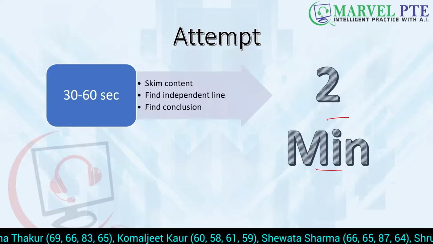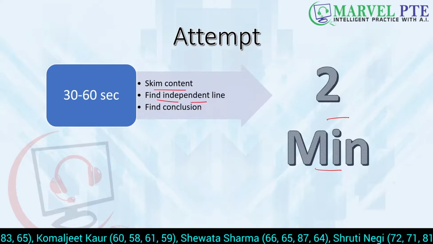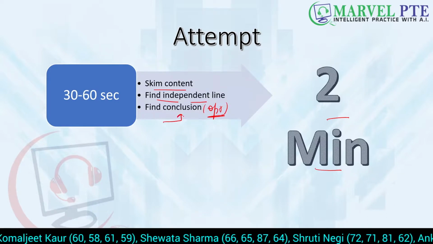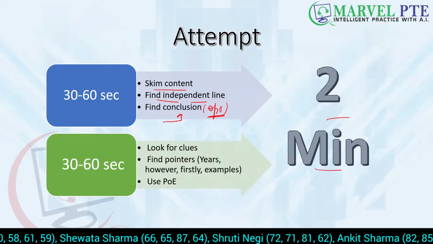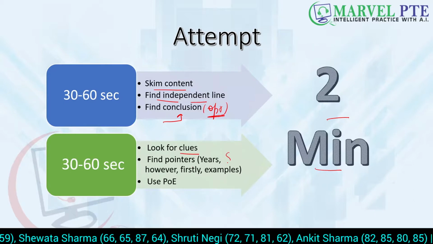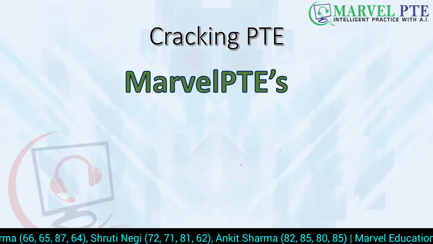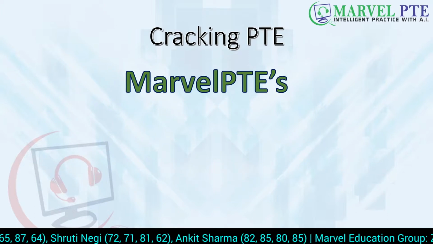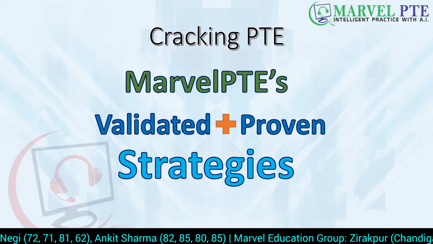In first 30 to 60 seconds, you have to skim the content, you have to find an independent line, and if you are able to find a conclusion line, well and good, but this is optional. In next 30 to 60 seconds, look for clues, use your SO strategy, TO strategy to find your pairs, okay? And all the strategies which we teach are validated and proven strategies.